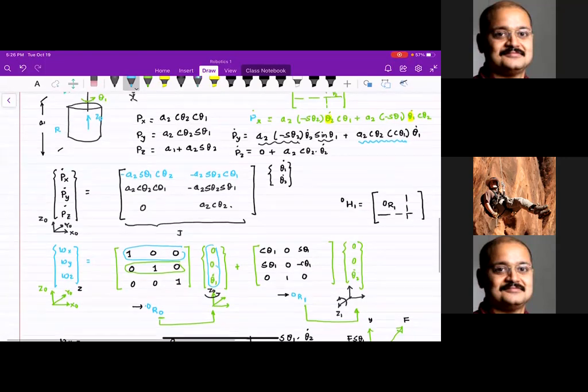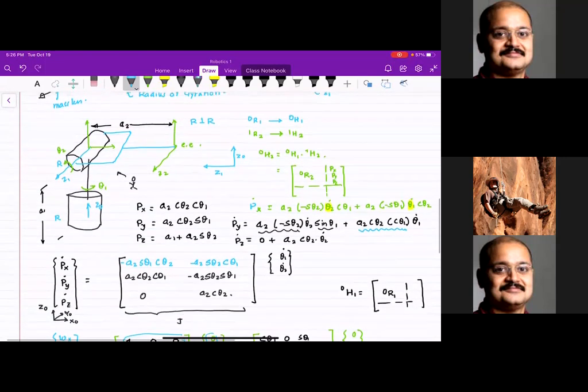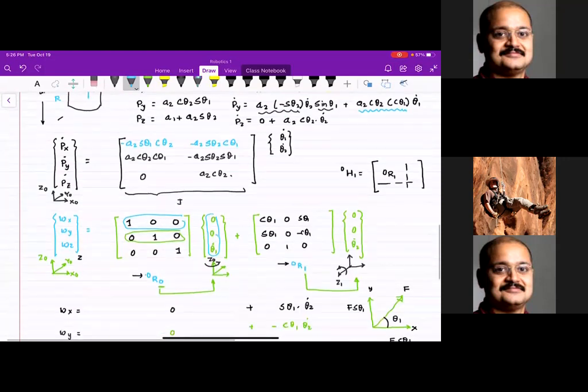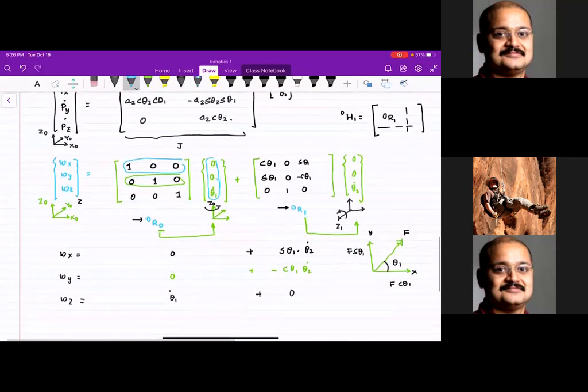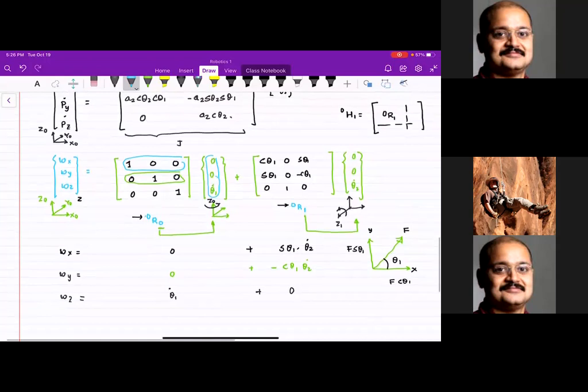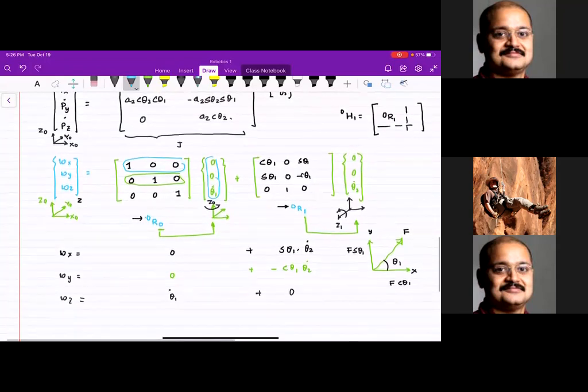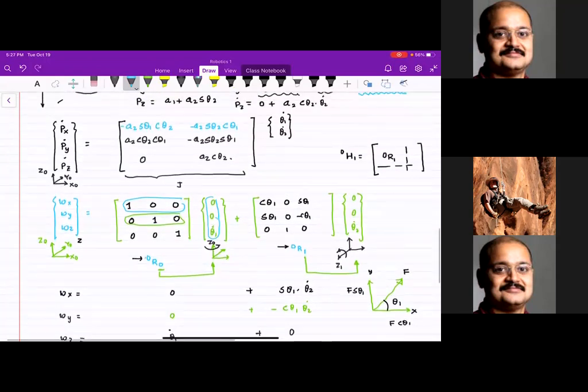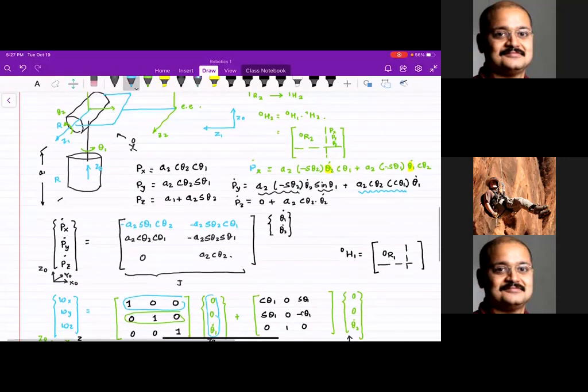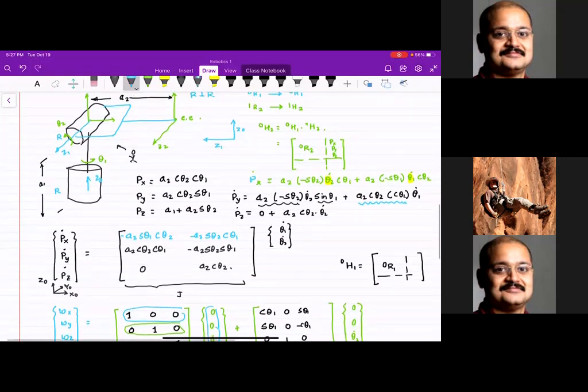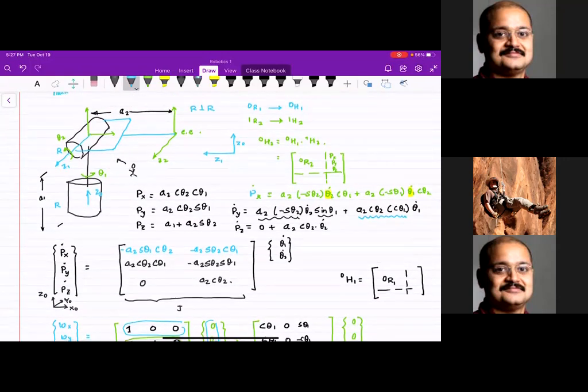In that case, the angular velocity will be the angular velocity about the Z naught axis, theta 1 dot, and the angular velocity about omega y, which would be minus theta 2 dot. Does it make sense or no? No.